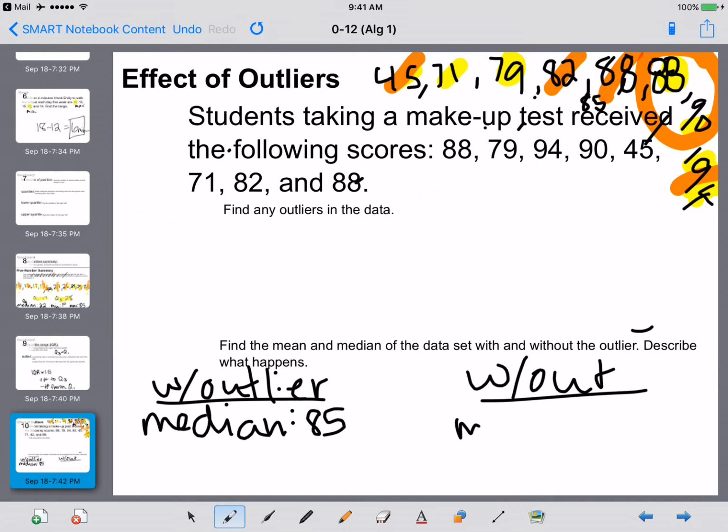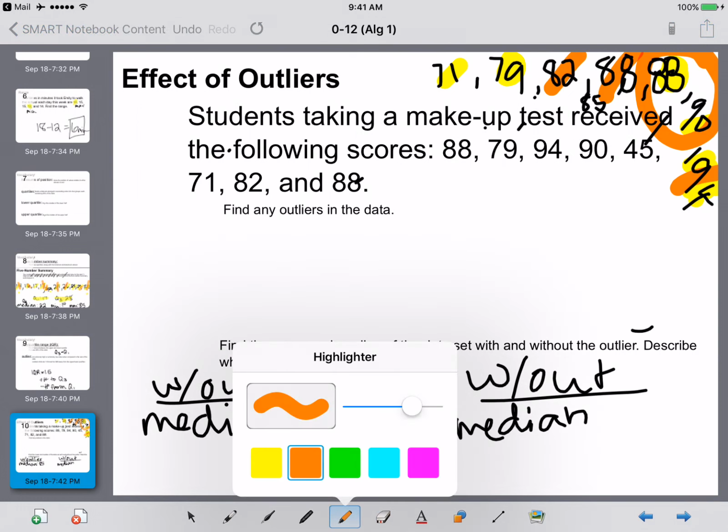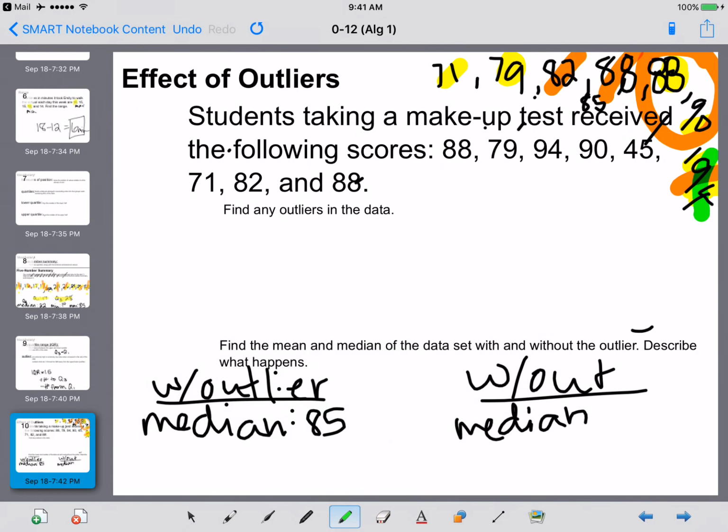If we go up and take out this number and then figure out our new median, we're going to go big, small, big, small, big, small. Our median is 88. So going from including our outlier to taking it out, our median went up by 3 points.